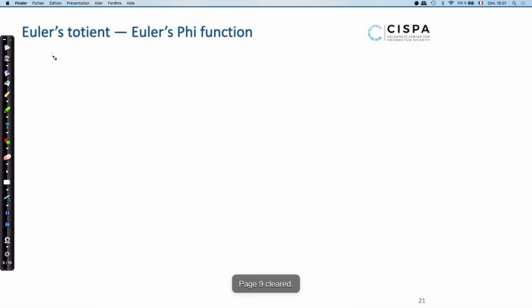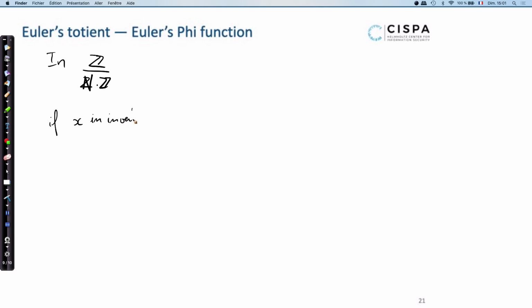So it means that in Z over nZ, if x is invertible, then x to the phi of n is going to be 1.